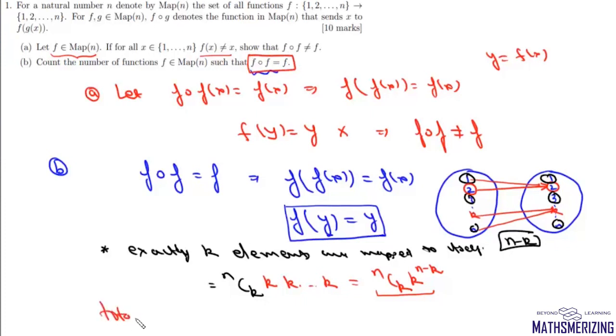So the total number of such functions is given by nCk k to the power n minus k, where the value of k starts from 1 and goes all the way up to n. So the total number of functions such that f of f is equal to f is given by this summation, k varies from 1 to n, nCk k to the power n minus k.